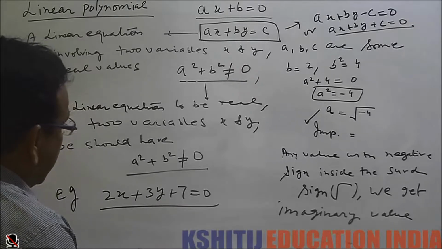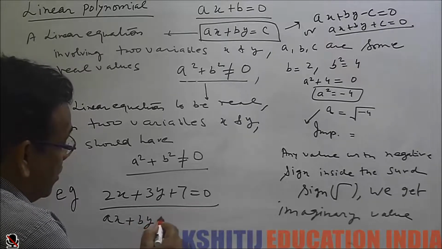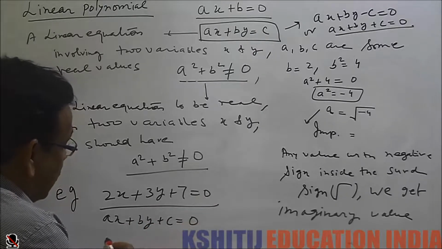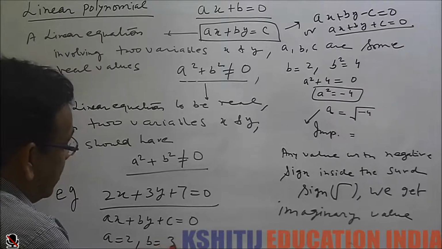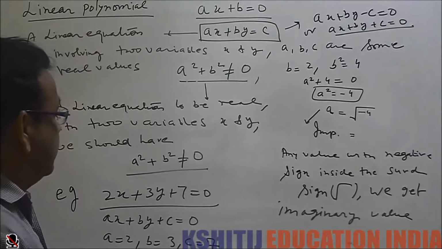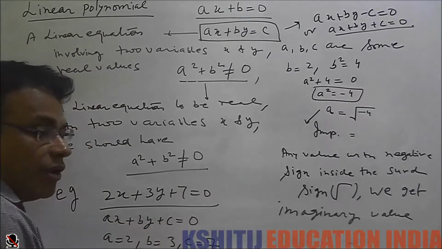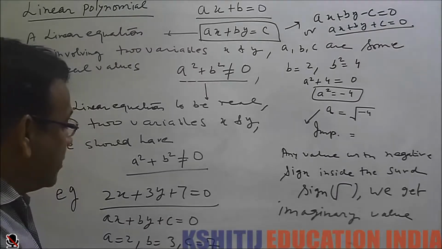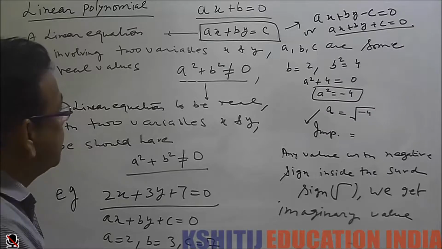So if I compare it with this standard equation, I would see that A is equal to 2, B is equal to 3, and C is equal to 7. Right? So this is my linear equation involving two unknowns, x and y, and constant term C.